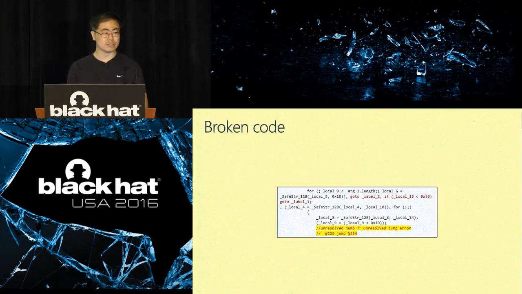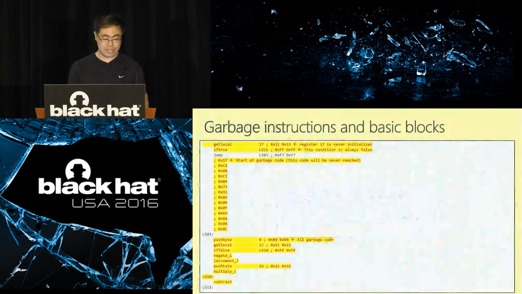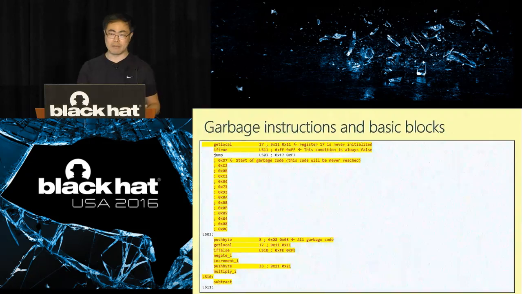These are broken decompiled code, so you can't recompile it, right? And if you open the file in a disassembler, not a decompiler, then you can see that there is some garbage code, and actually one garbage basic block by itself. The code at the bottom, label 503, will never be called. In that way, they put a bunch of garbage code there, and it confuses the decompilers.